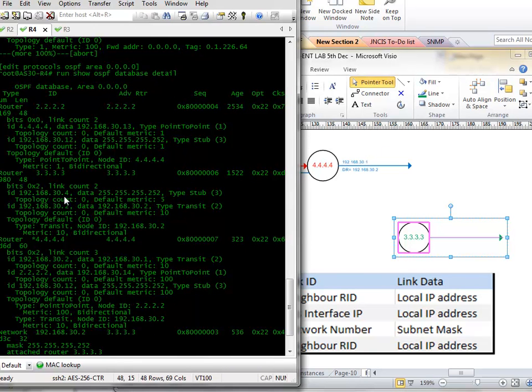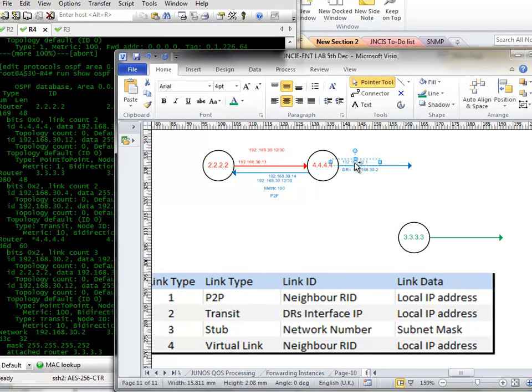And it says it's at 30.4, not something we've seen yet. So 30.4 and it's a slash 30.